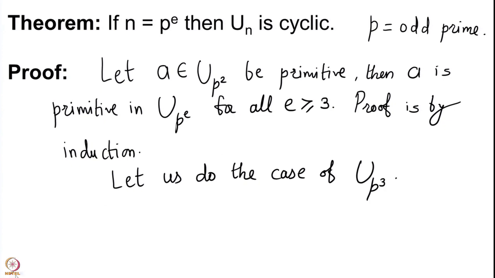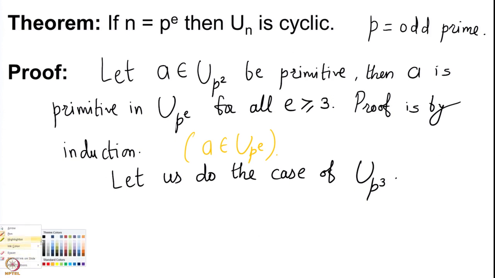Here I am going to observe, and will not repeat this observation, that a is always coprime to the prime p, it is relatively prime with p and therefore it is an element in U p power e. That is something that we are going to use. So, let us do the case of U p cube.